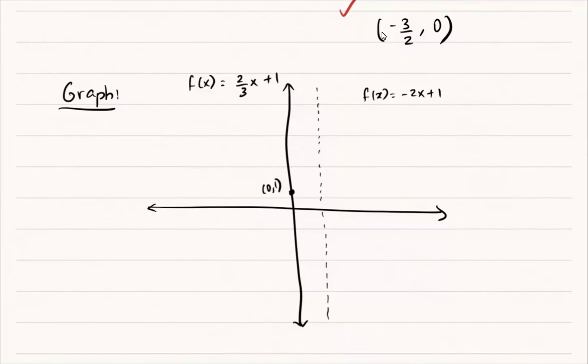But that's not enough for me. I need one more point. Remember, this x value is 1. So what happens when x is 1? If I evaluate f(1) in the first function, I get 2/3 times 1 plus 1.